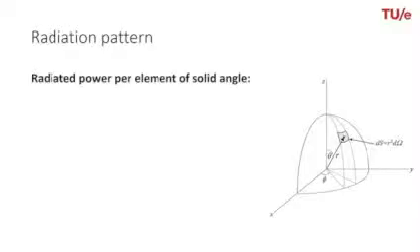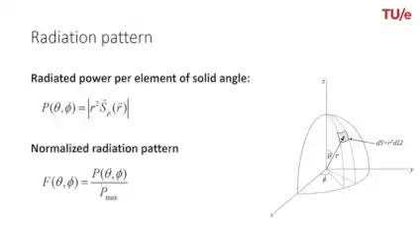Now, the power flowing through such a small surface, the power density, as you can say, can be expressed in this way. So the power density, which is a function of theta and phi, is given by the absolute value of the Poynting vector times r squared, and is also expressed in terms of watt per square meter.